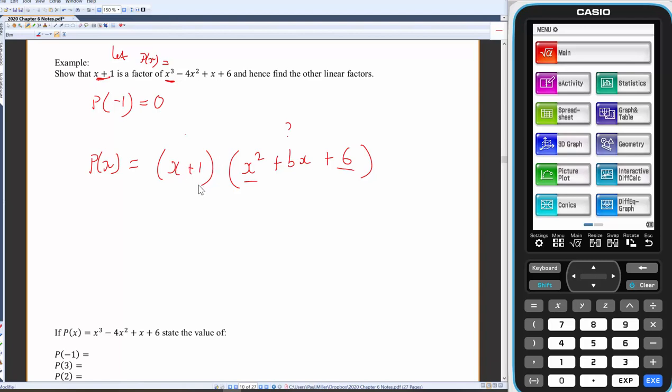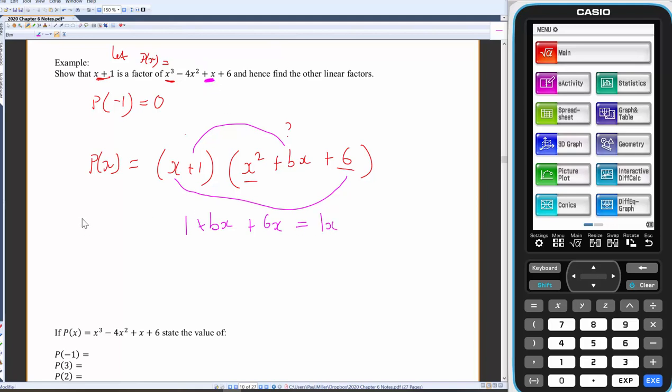This multiplied by that gives 1 times bx. The other way to generate an x term is x multiplied by 6, so plus 6x.